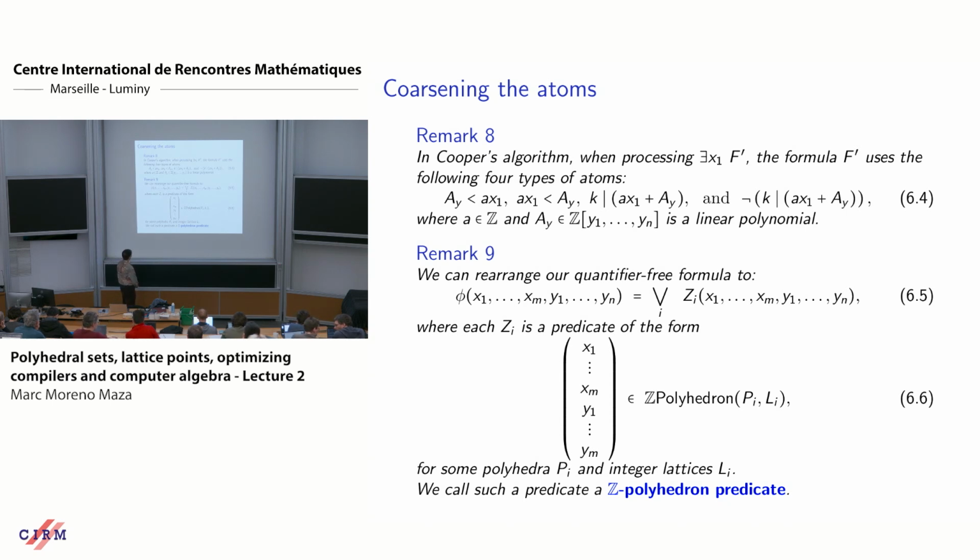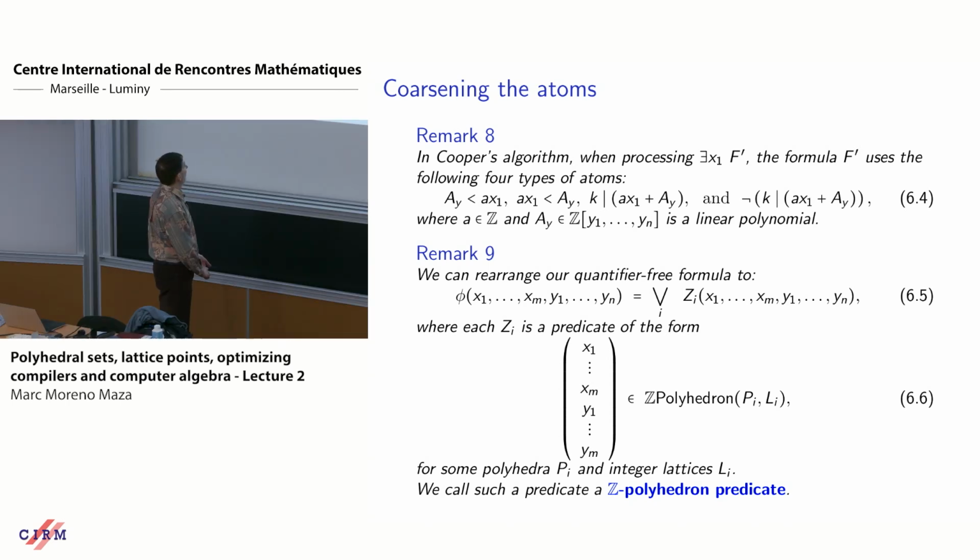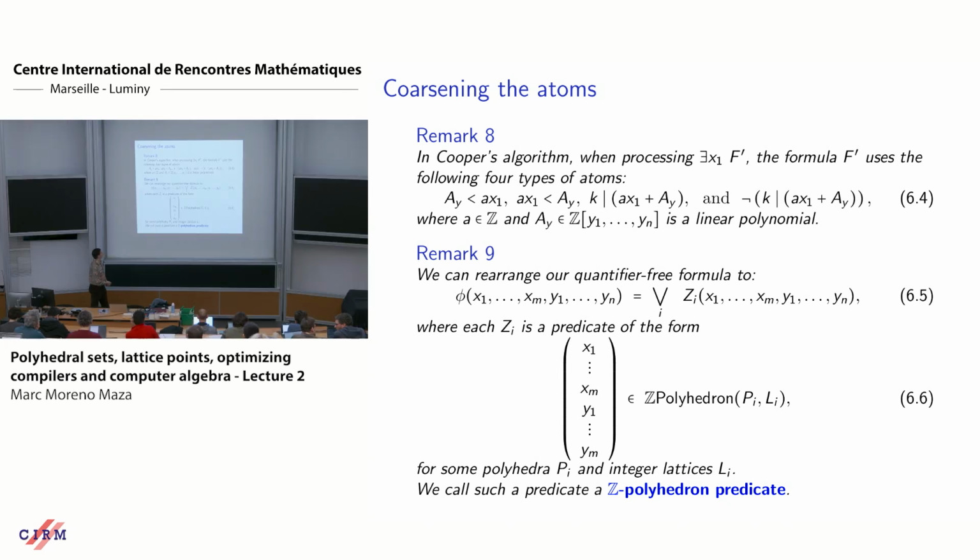But we prefer to think differently. So we rearrange our quantifier-free formula as a disjunction of what we call Z-polyhedron predicates. A Z-polyhedron predicate is a conjunction of congruences or divisibility relations and non-strict inequalities.